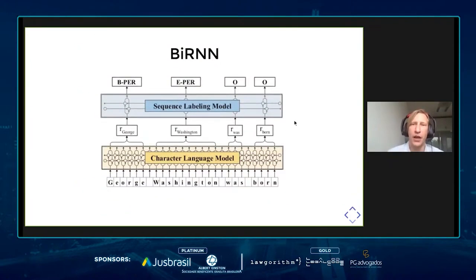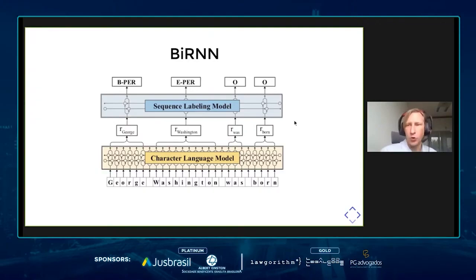Then the BiRNN model was based on the character level language model. So the model was trained to predict the next character in the text, and it was combined with the token level sequence labeling model.